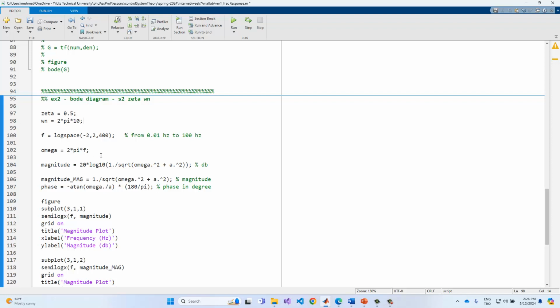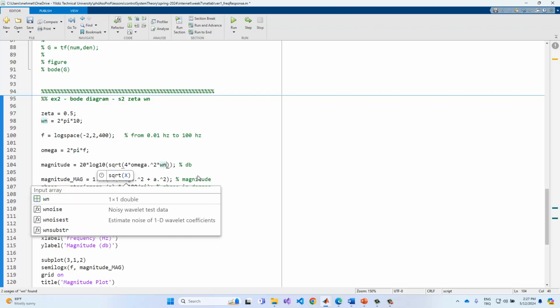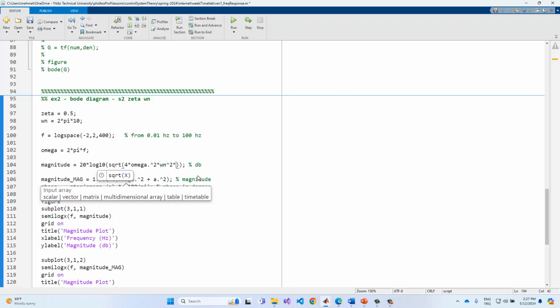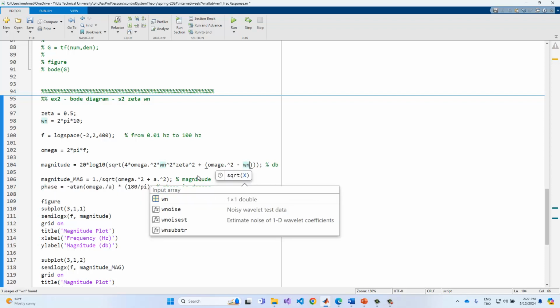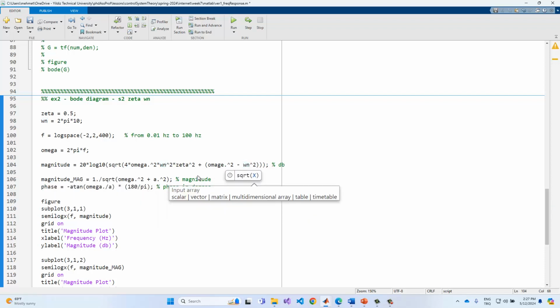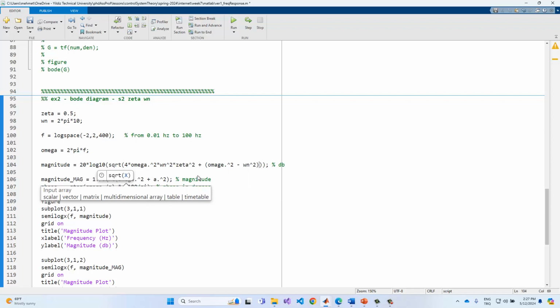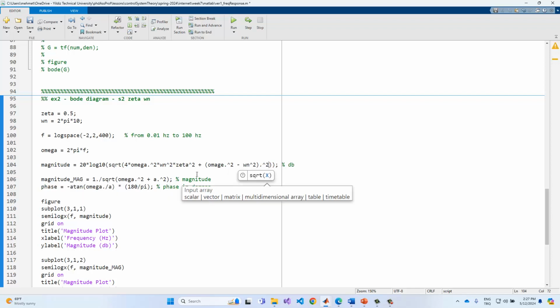And after that omega is in here, and so the magnitude can be calculated with the square root of (ω.² times ωn²...) times ω² times ζ² plus ω.² ωn², and also we need to give the square root.